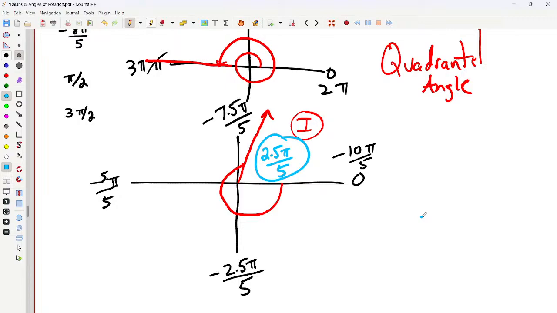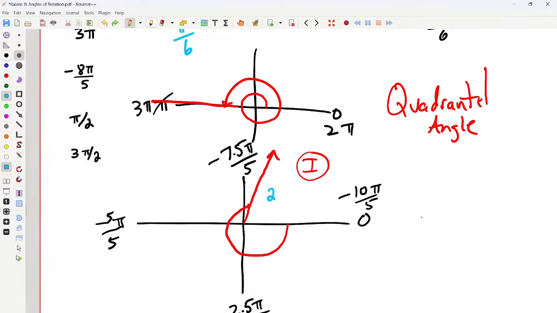I'm looking at the wrong thing. Thank you. Just making sure you're paying attention. I was looking at this, not the actual angle. This is the rotation. So we need 2 pi over 5. How many people had that? Yeah, okay, good. My bad.